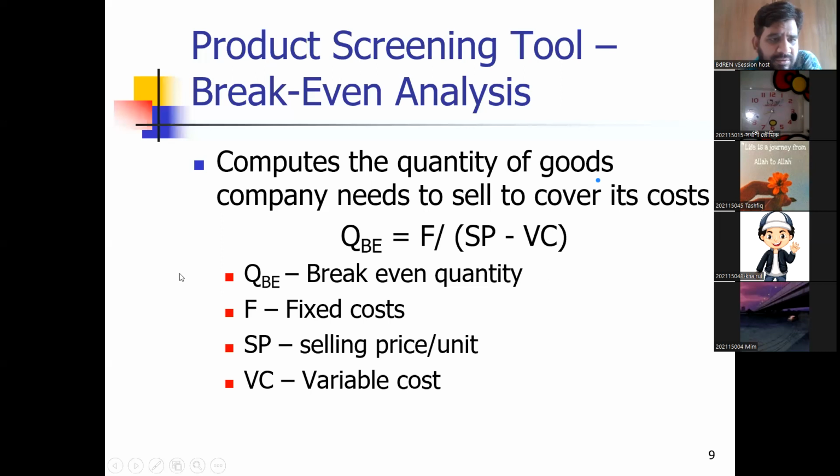Mr. Tashfik, are you here? So what is the break even quantity here? 1000 is your fixed cost. আর যে ভেরিয়েবল কস্ট যদি $3 হয় তাহলে 500 হবে। 500 units.